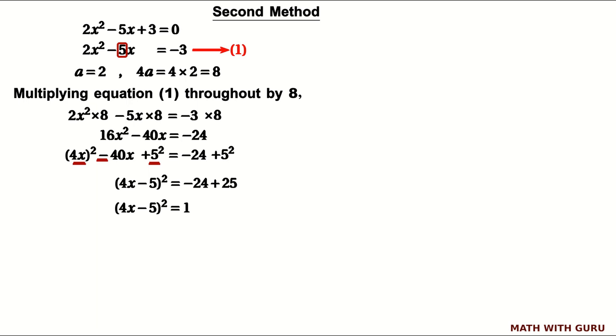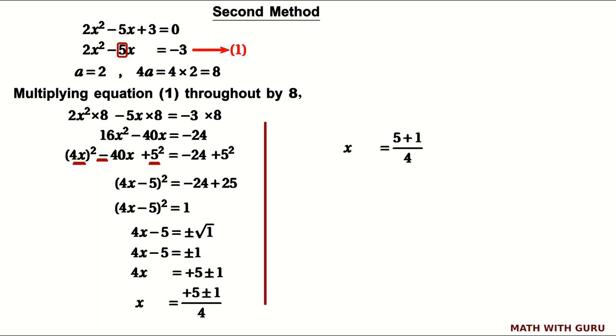4x minus 5 whole squared equals 1. 4x minus 5 equals plus or minus root 1. 4x minus 5 equals plus or minus 1. 4x equals plus 5 plus or minus 1. Bring minus 5 to the right hand side. X equals 5 plus or minus 1 whole divided by 4.